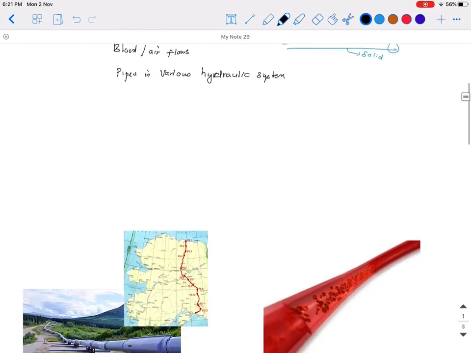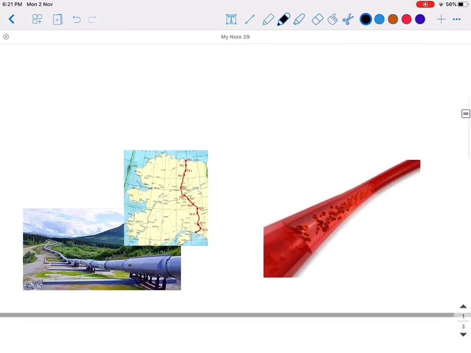So this picture gives two good examples of internal flows. This is blood flow through the passage within our body. This pipe is what we call the Alaskan pipe.